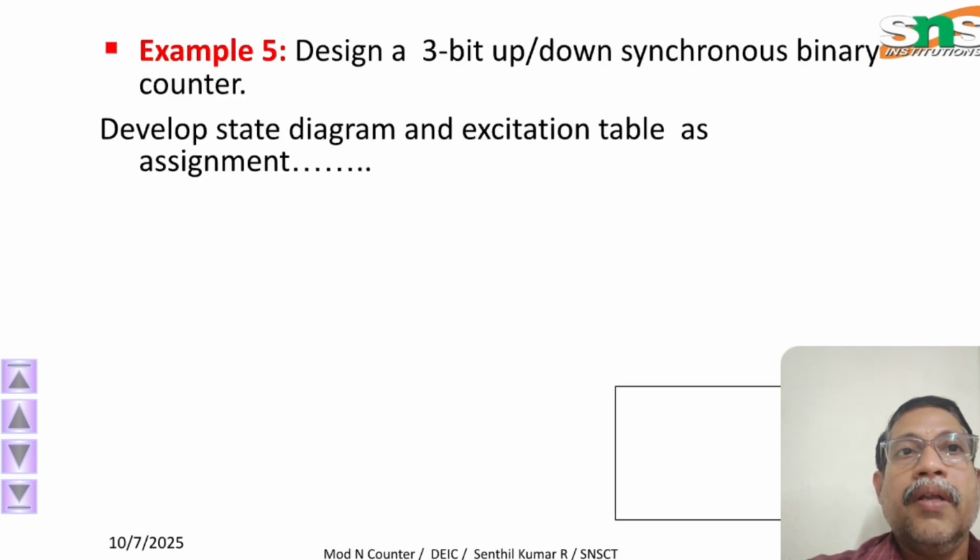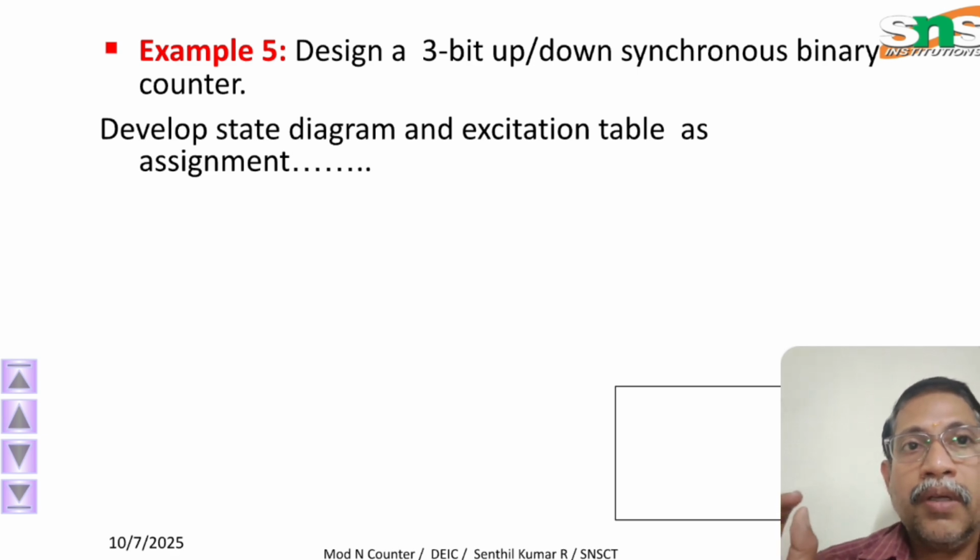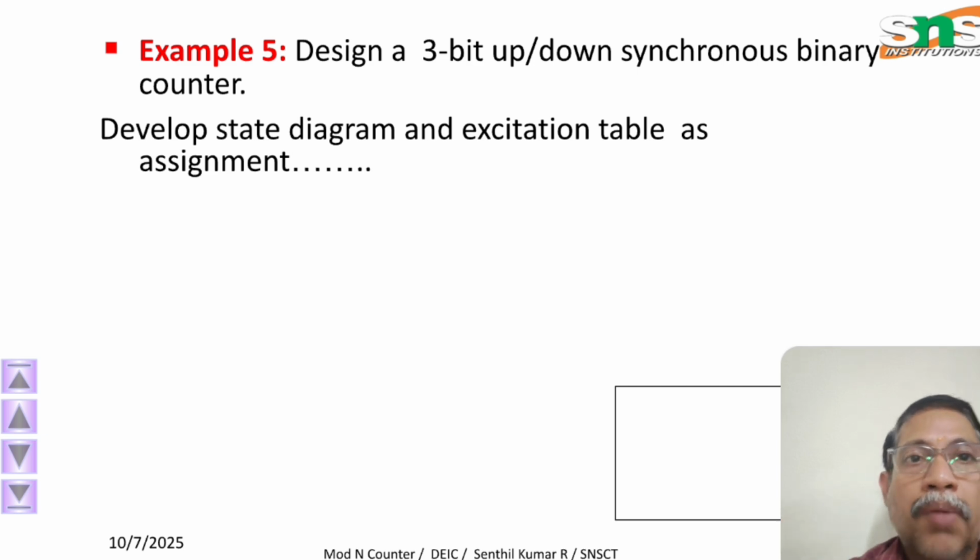Now, let me design a 3-bit up-down synchronous binary counter. For this video, the question given is to develop the state table and the excitation table for a 3-bit up-down counter.